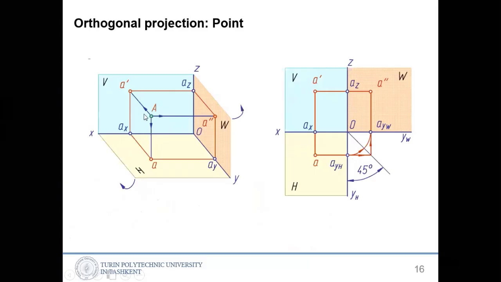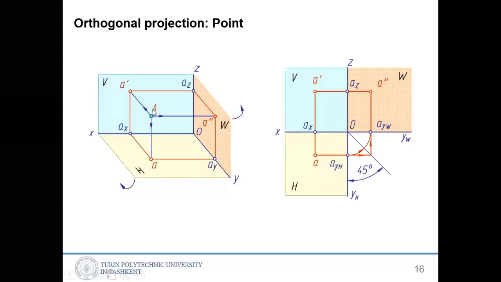How can a point be given in an orthogonal projection, using three planes and three projected points? How can point A be given? Let's say point A is given.